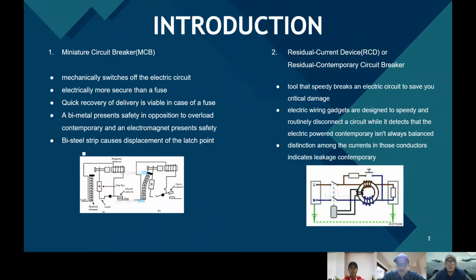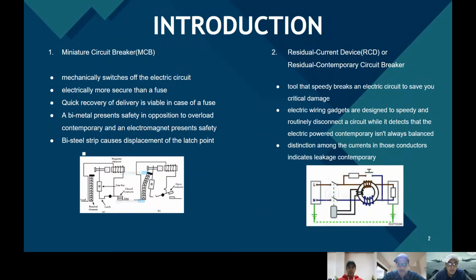The next protection device is the RCD or RCCB. It is a tool that quickly breaks an electrical circuit to save you from critical damage from an ongoing electrical power surprise.